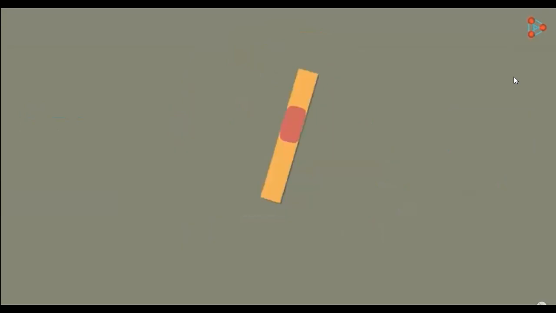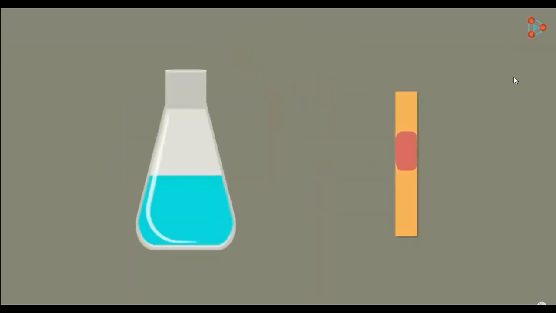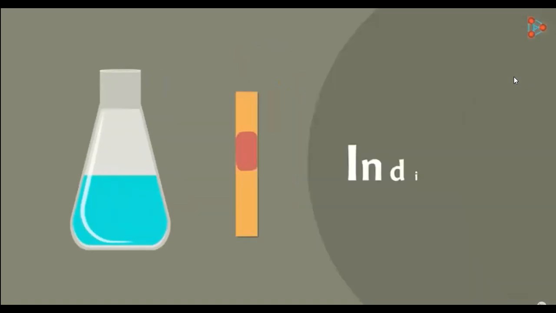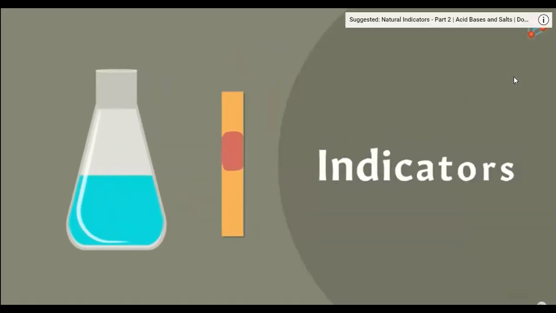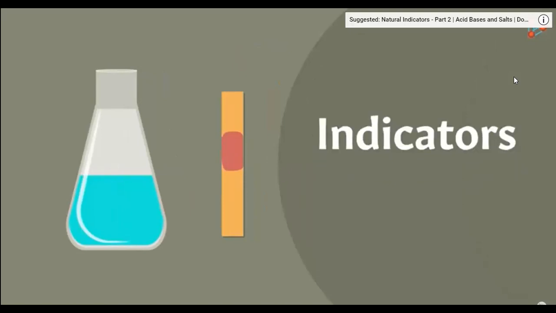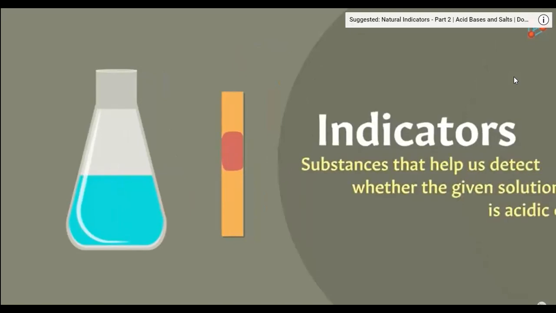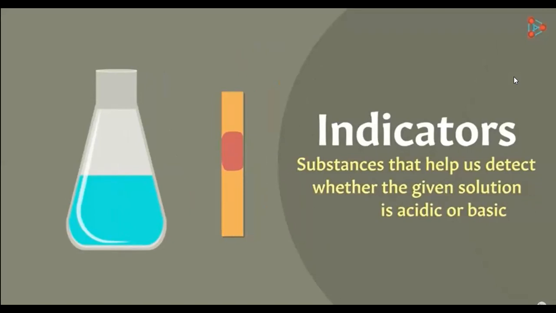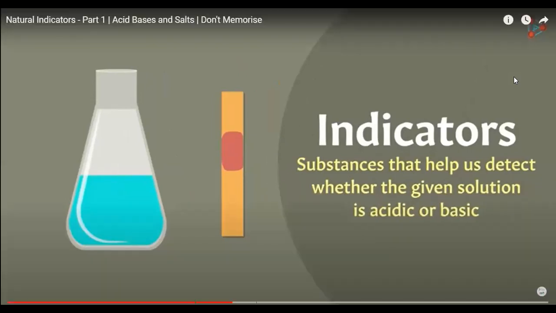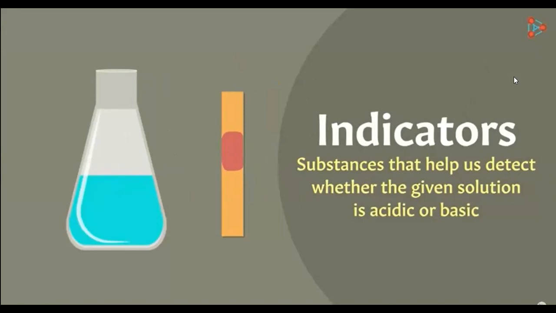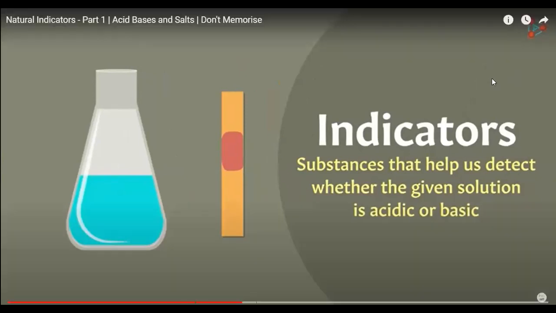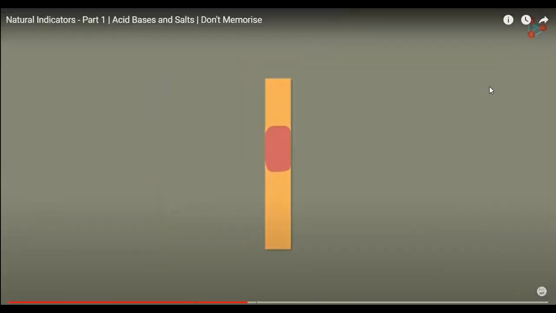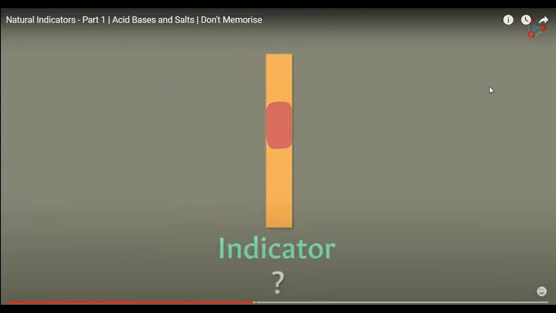But how does this paper tell us the nature of the solution? Do you remember the concept of indicators from the previous video? These are substances that help us detect whether the given solution is acidic or basic without having to taste it. So, is this yellow paper an indicator?